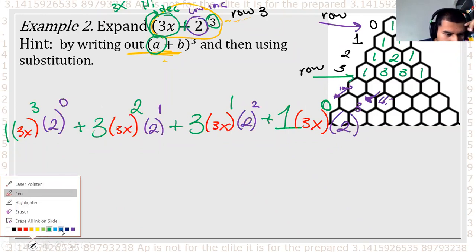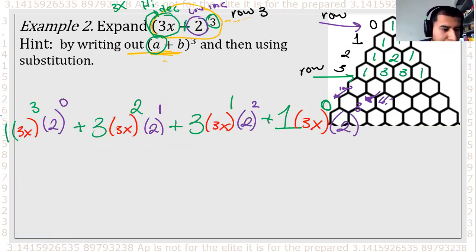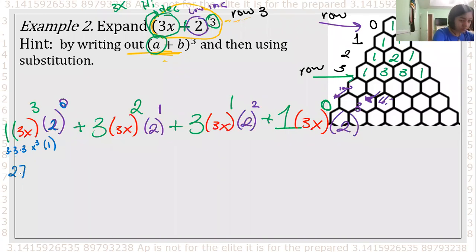Okay. So let's start combining like terms. I got 3x to the cubed. That's the same thing as saying 3 times 3 times 3, and then x to the cubed. And then we just said that 2 to the 0 exponent, that is a 1. So that's 3 times 3 times 3, that's 27 x to the cubed. Someone correct me if I'm wrong, please. The next one, this is gonna be fun.